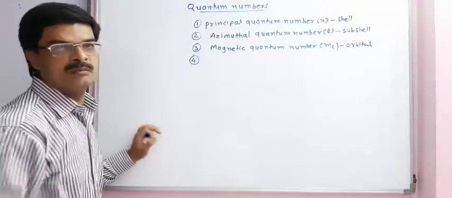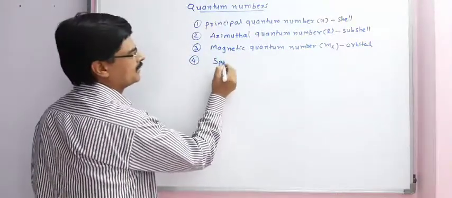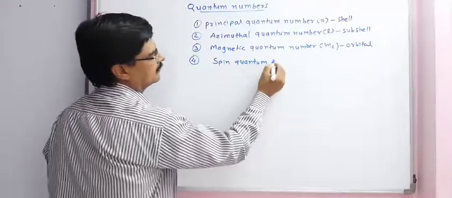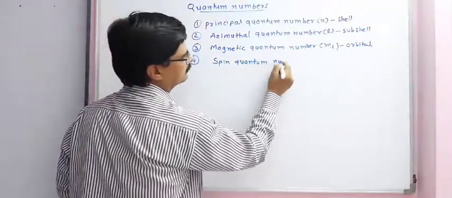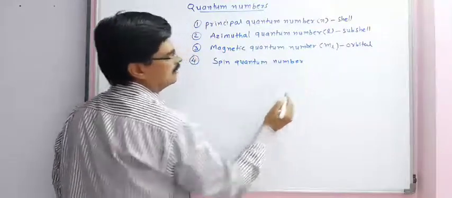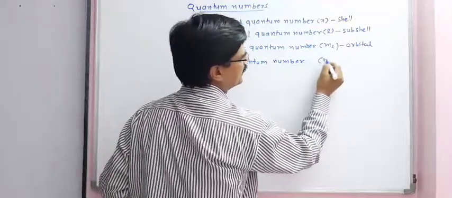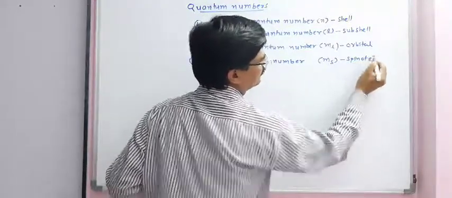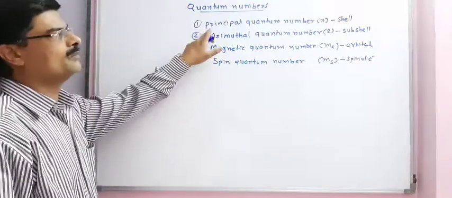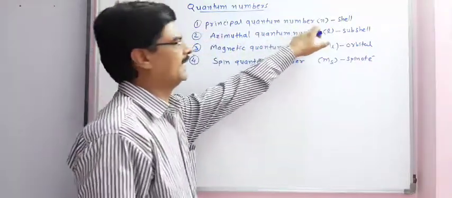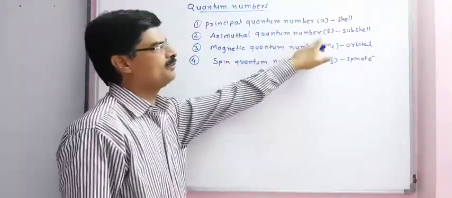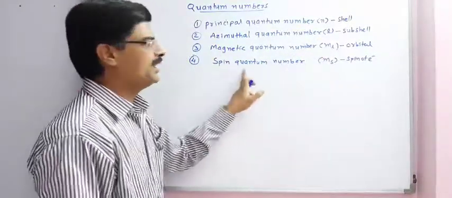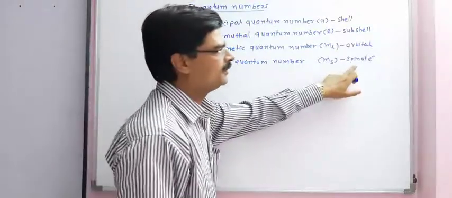And fourth quantum number is spin quantum number, which is denoted as ms, spin of electron. So there are 4 quantum numbers: principal quantum number n, azimuthal quantum number l, magnetic quantum number ml, and spin quantum number ms, that is spin of electron.